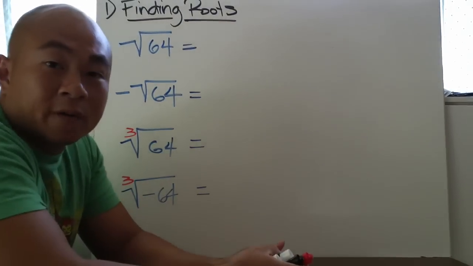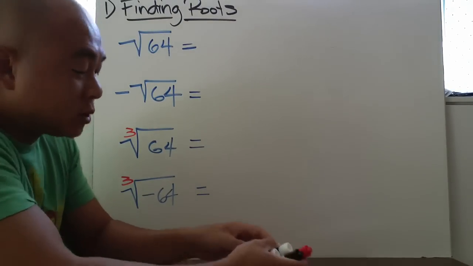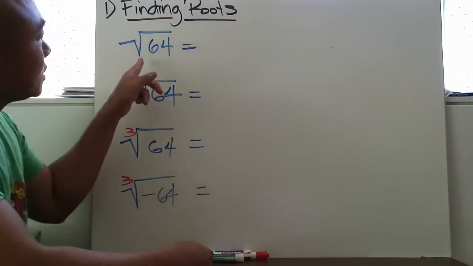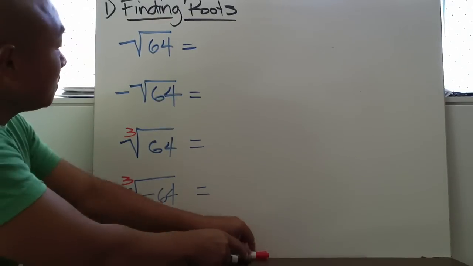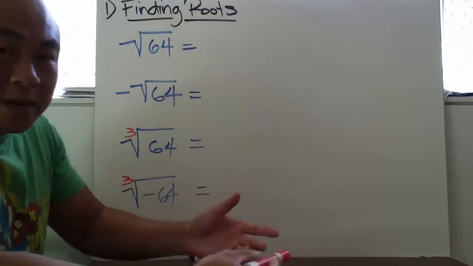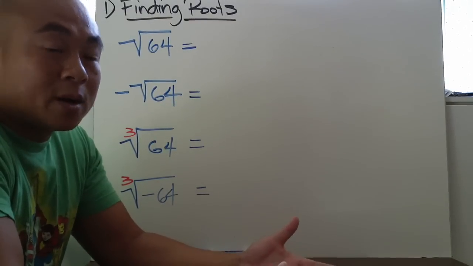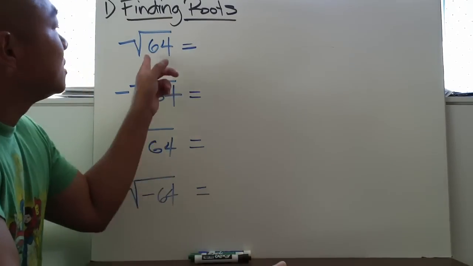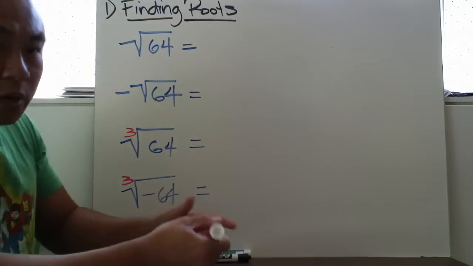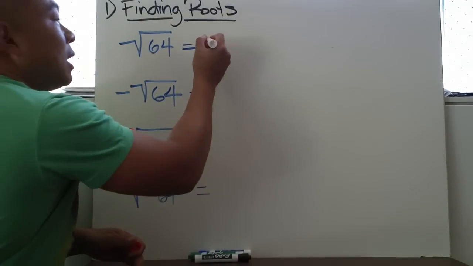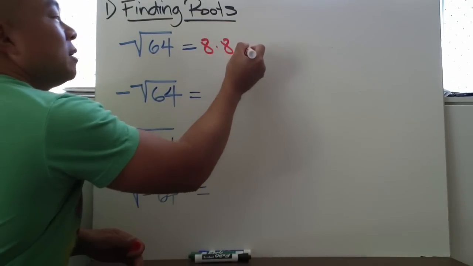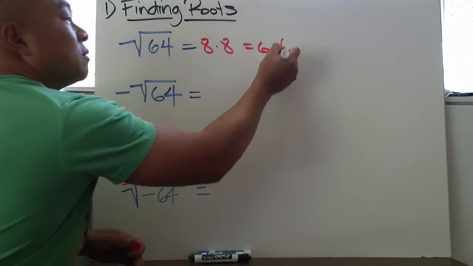Alright, so our first thing that we're going to do is find some roots. So here we have square root of 64. And what we need to think about is what number times itself is going to give us 64. So if we think about it, 8 times 8 gives us 64.